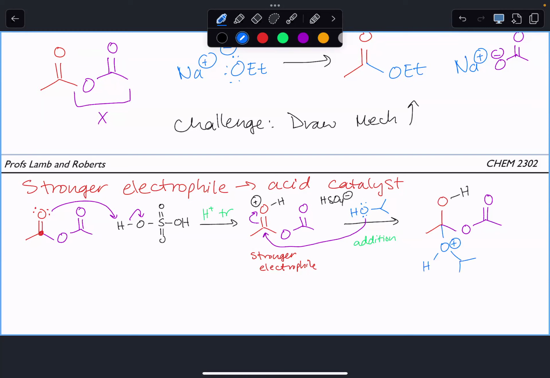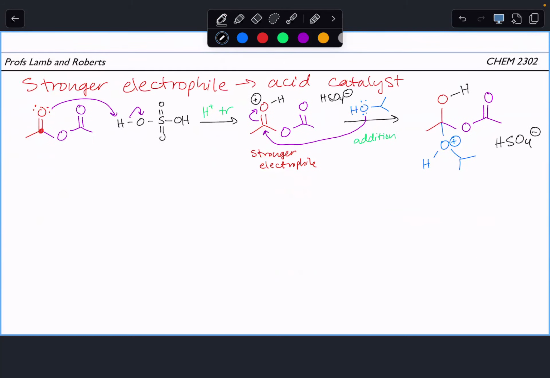Okay. Counter ion is HSO4 minus. Okay. So again, we protonated to make a stronger electrophile, and then we did our addition step. Nucleophile attacks electrophile, break the weakest bond.